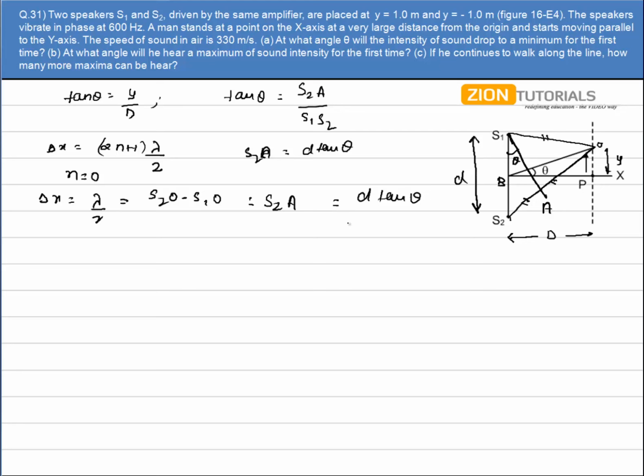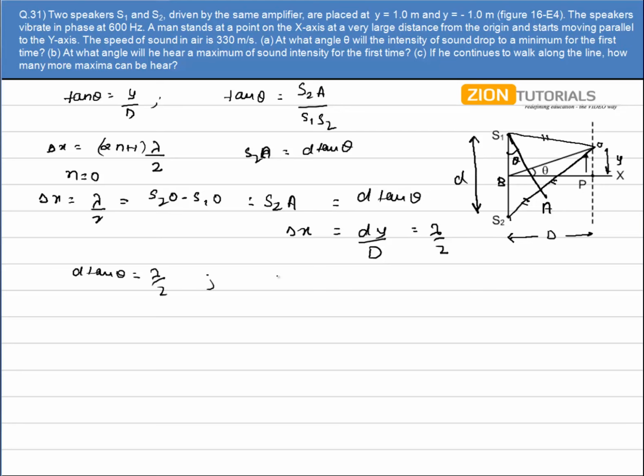We know that tan theta is equal to y by D. This is my path difference delta x, and that is equal to lambda by 2 for the first case. Now I just have to calculate the value of theta, so I can write d tan theta is equal to lambda by 2.